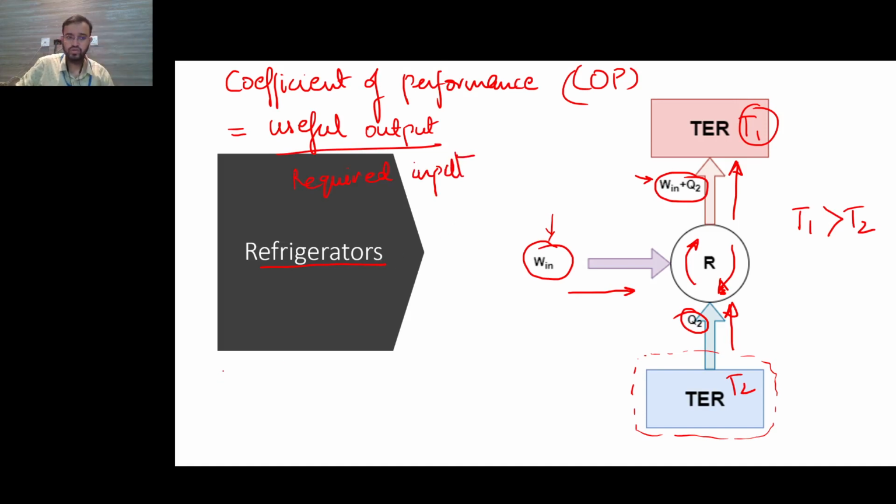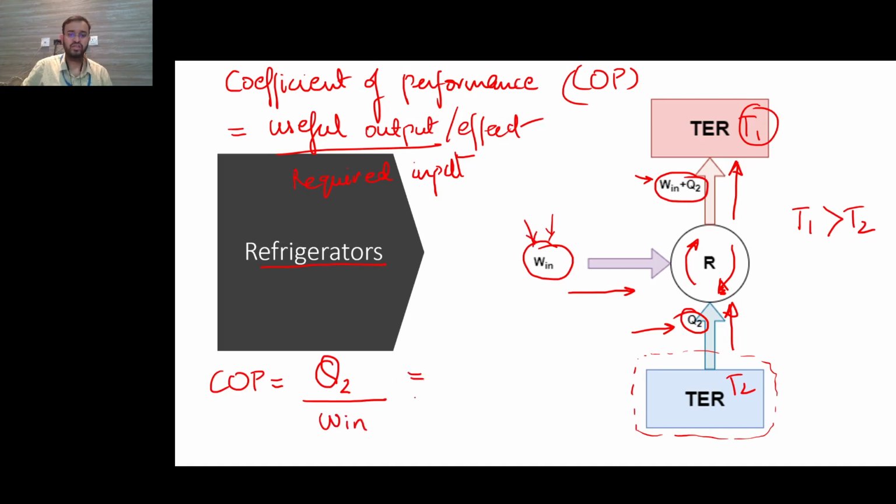Now what is the useful output, or useful effect? In this case it is the absorption of heat from the enclosed space. In this problem, it is Q2. And what is the required input? That is W in. All right.